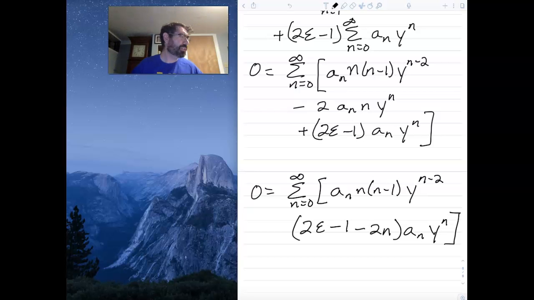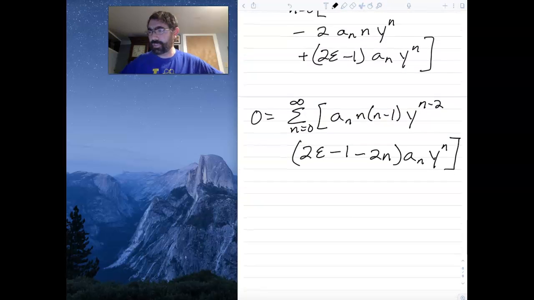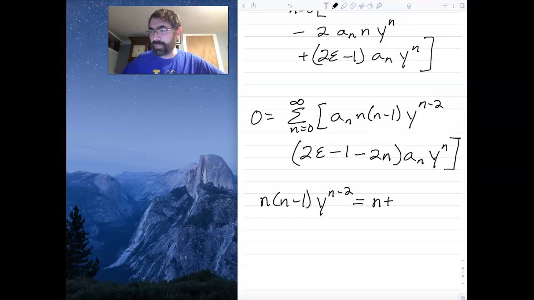So now what I want to do is make a shift, so that I can factor out the y. If I want to shift this, I could take this term here, n(n minus 1) y to the n minus 2, and turn that into n plus 2 times n plus 1 times y to the n.